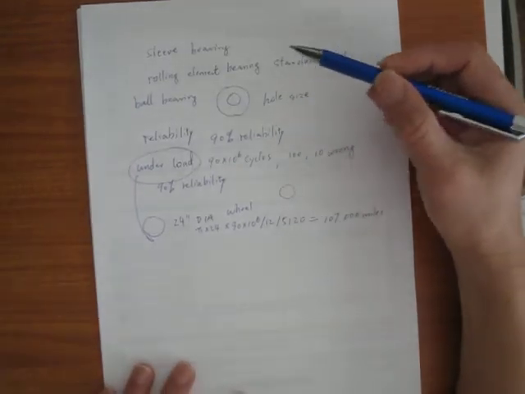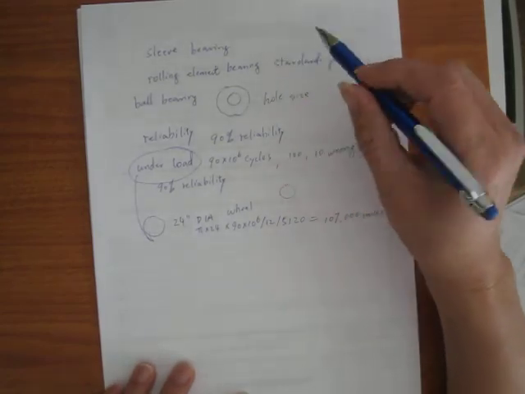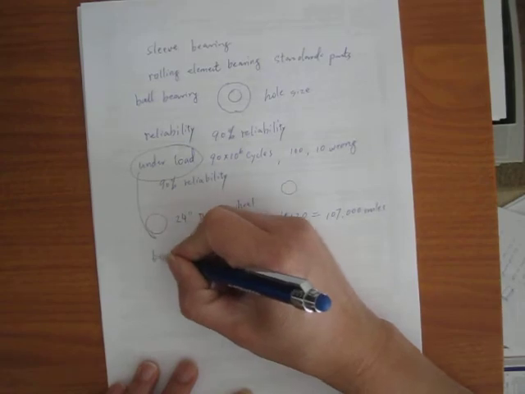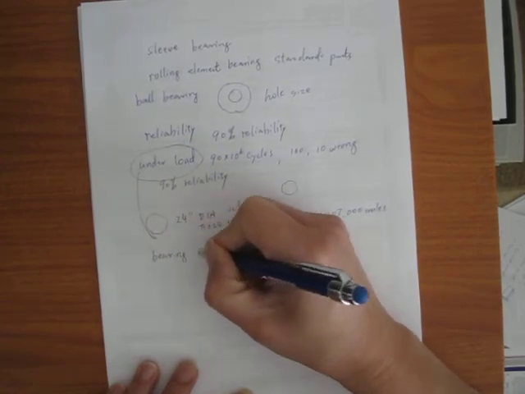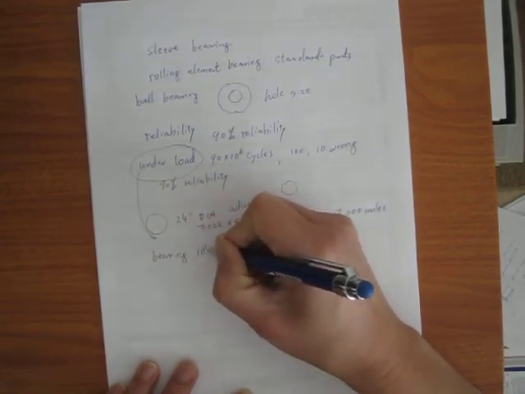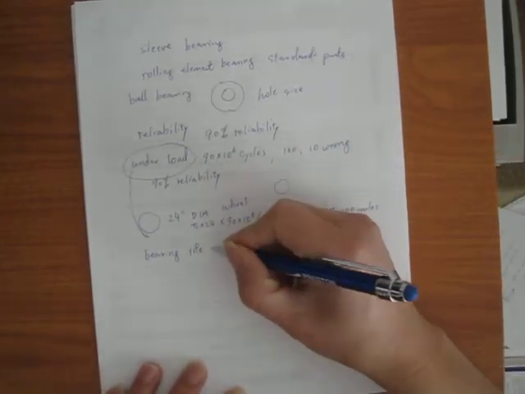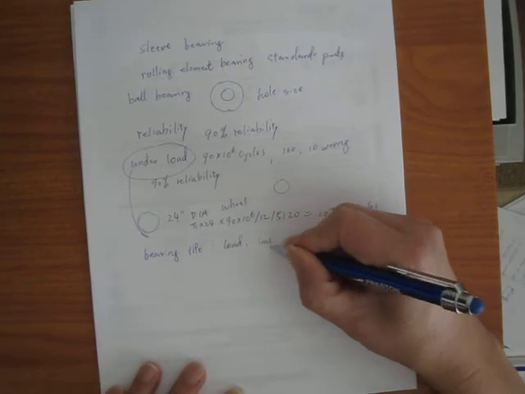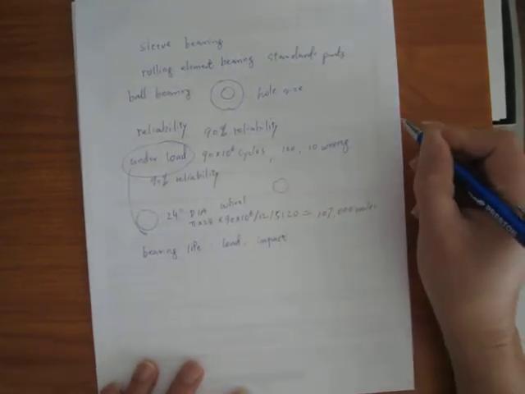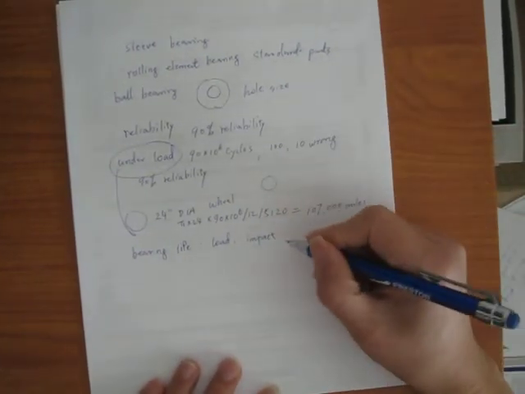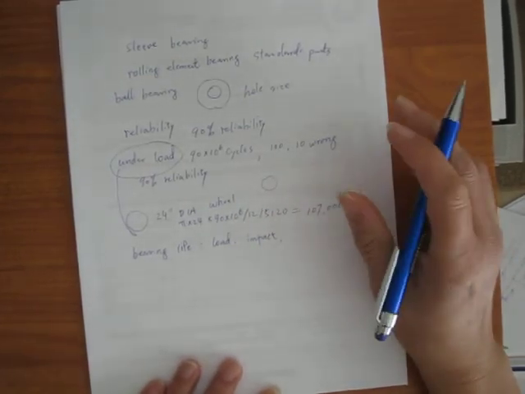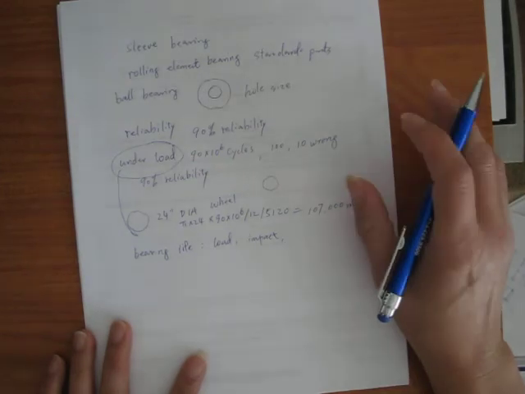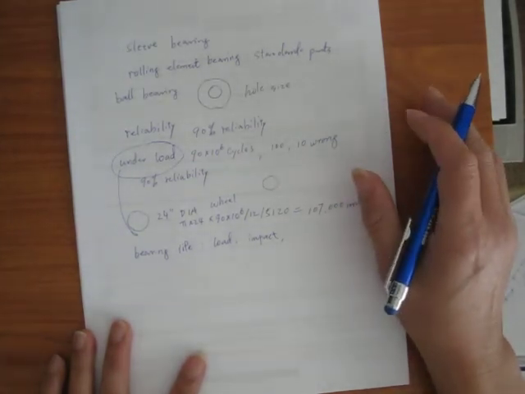Many factors affect bearing life, certainly load, and impact. If the vehicle's bearing is sealed very well, you don't see the bearing unless you take it apart.